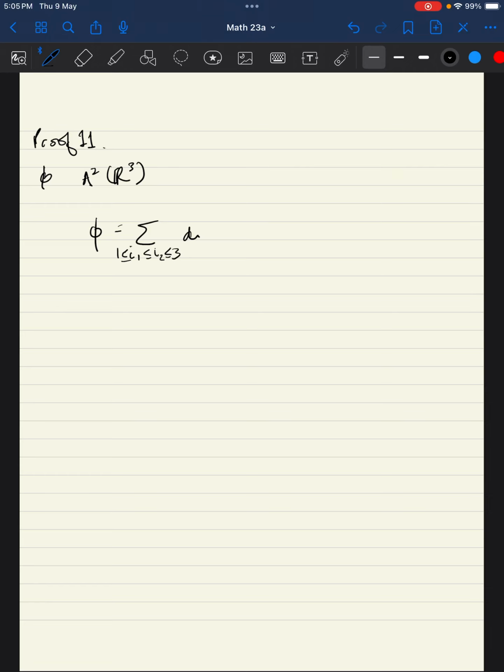Essentially, this here is phi of some elemental vector E I1 and E I2.